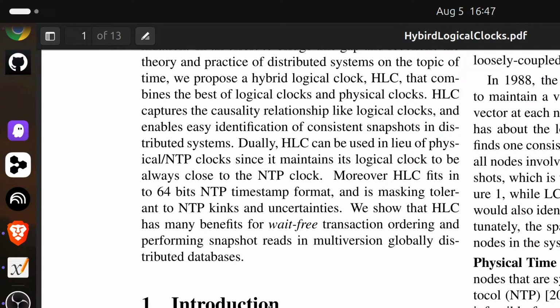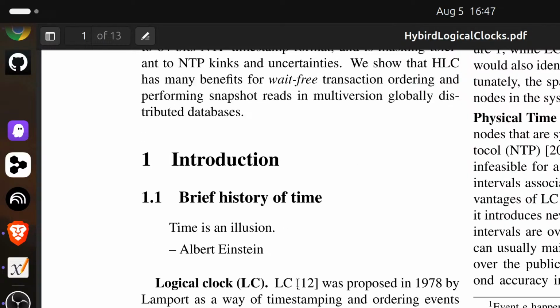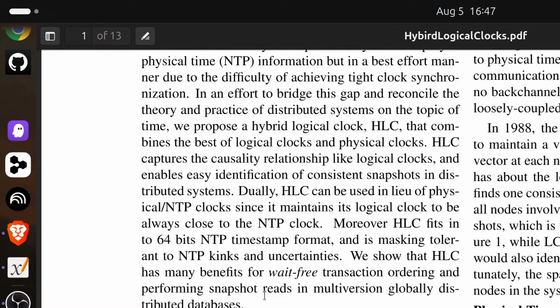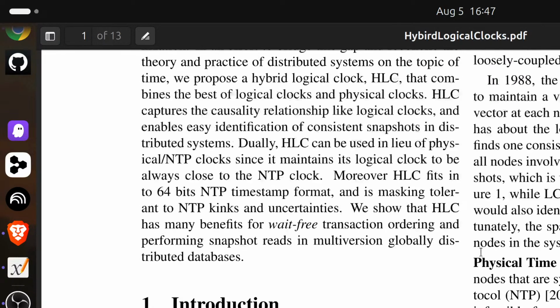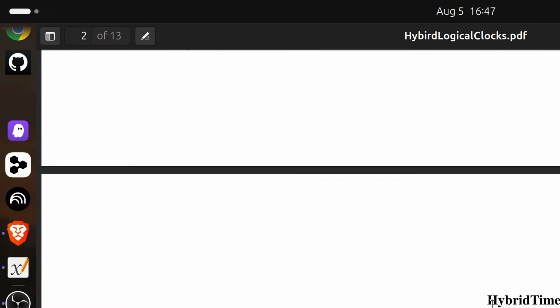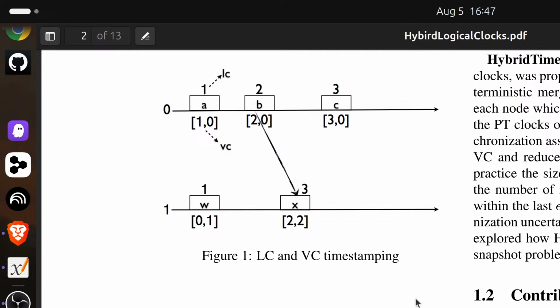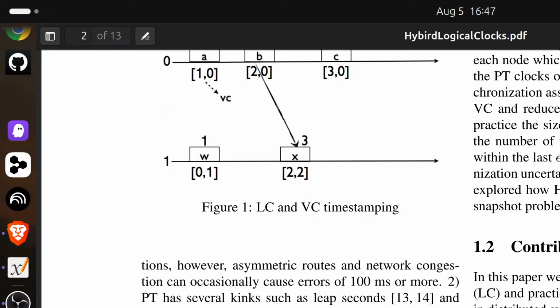Okay, so it's just an introduction with a brief history of logical clocks. Then they are saying what physical time is. Then hybrid time, they defined that. A true time.